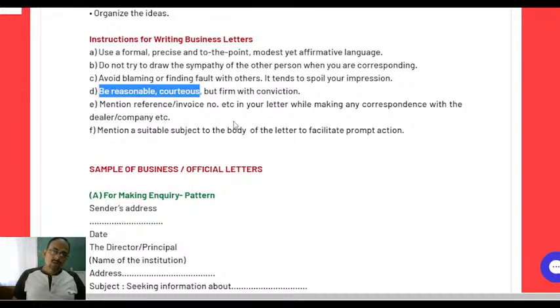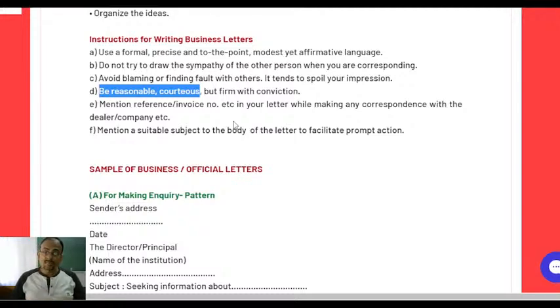You mention this invoice number at the very beginning of the letter, because they will type the invoice number into their system, and they will come to know when you purchased, what kind of product you purchased, the model number, the price. Everything will reflect in the computer.